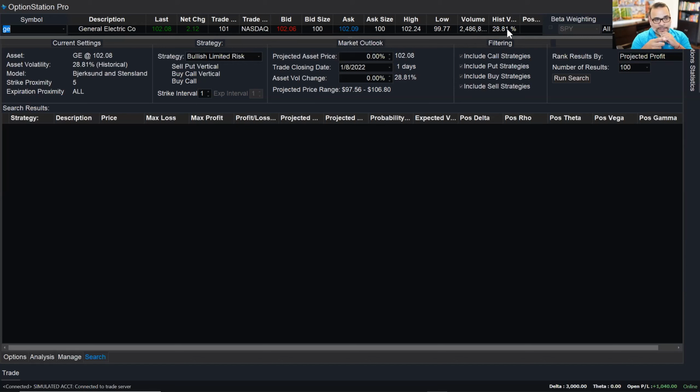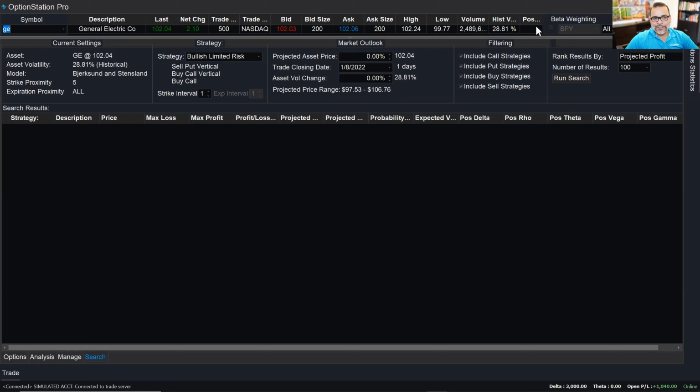This historical volatility that you see up here, the 28.81%, is based on price movement of General Electric for the past 90 days. It just gives you an estimation on how much the price can move up or down based on how much it's moved historically, specifically 90 days.